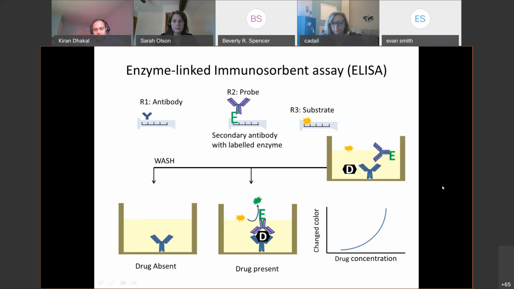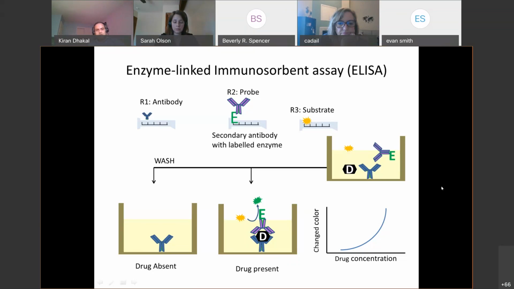Another less common drug immunoassay is enzyme-linked immunosorbent assay, or ELISA. The different thing in this case is the probe is a secondary antibody labeled with the enzyme.